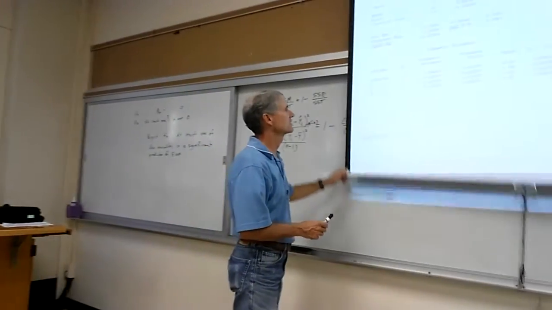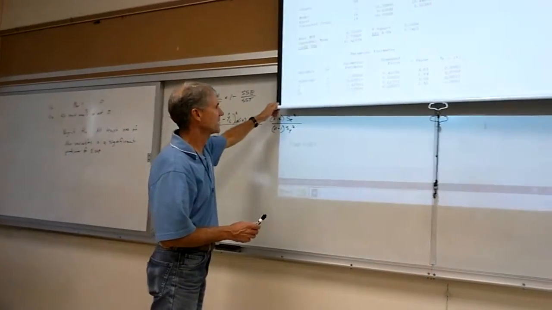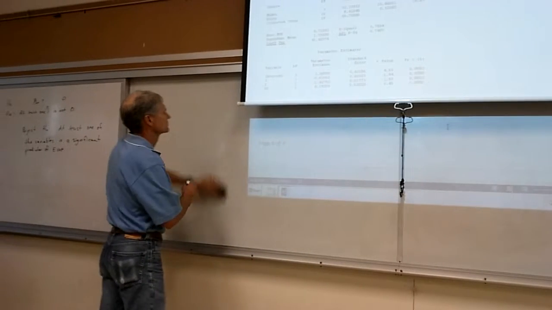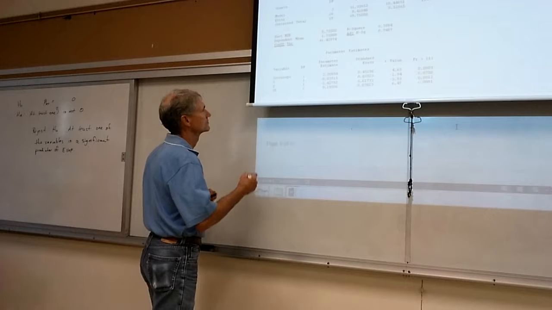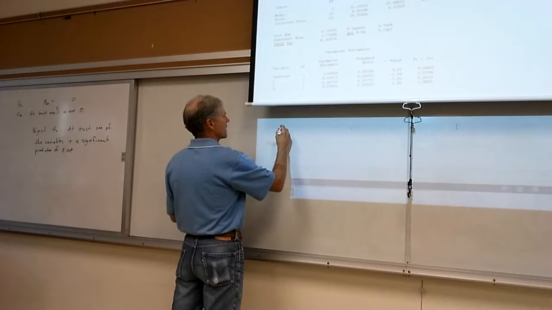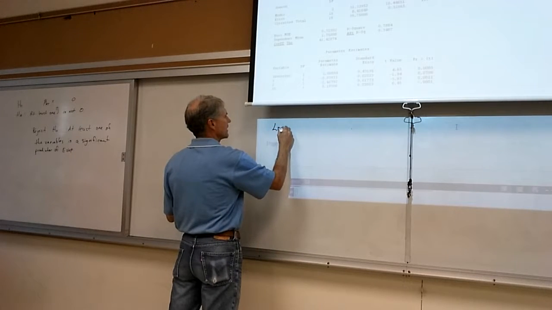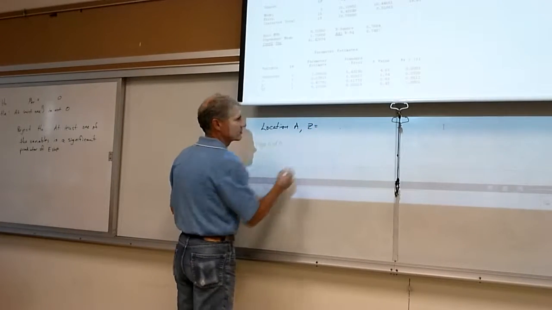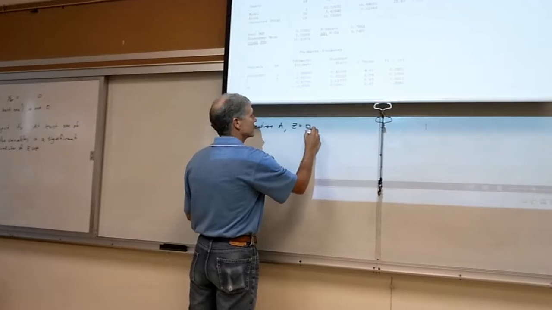So what is the model for location A? For location A, z is equal to 0.